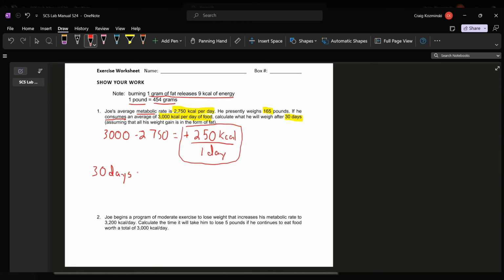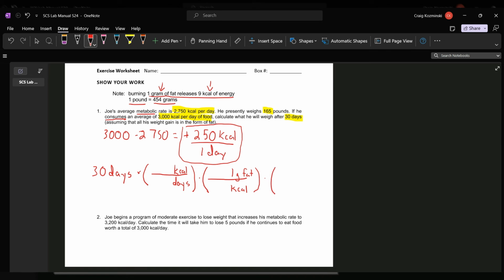So, we'll set up the factor label method here for the first one, and then you can solve the rest on your own. If I start with the unit of days, I know that I have to convert days to kilocalories. Next conversion, I'm given the conversion of kilocalories to grams. So for every 9 kilocalories, that converts to 1 gram of fat.